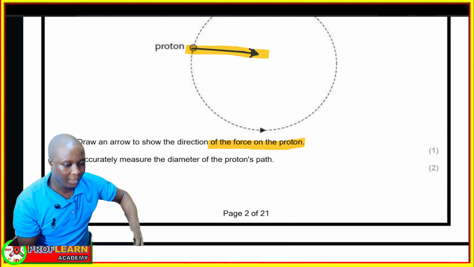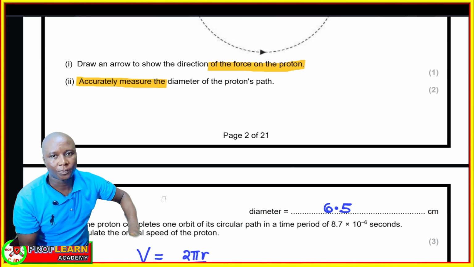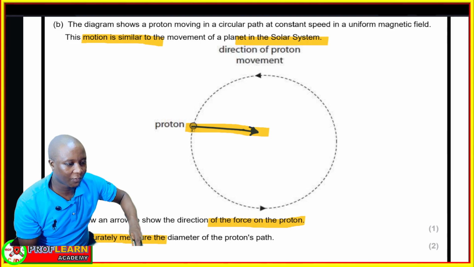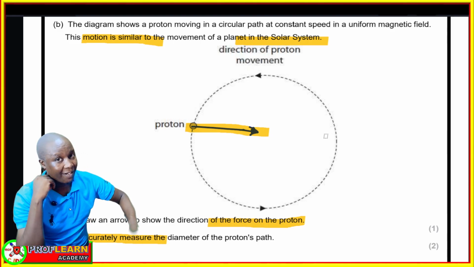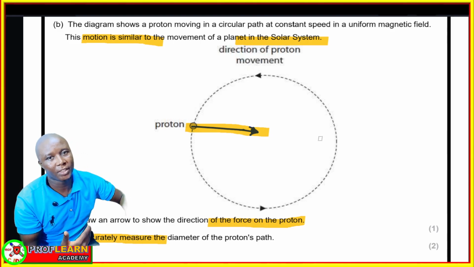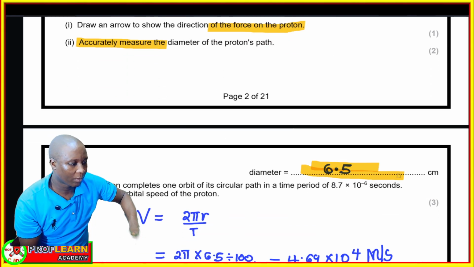Now, for you to measure the diameter in this diagram accurately, what you need to do is measure the distance from end to end, and then you work out the average. You take more readings, and then you find the average, and you find your answer approximately 6.5 centimeters.